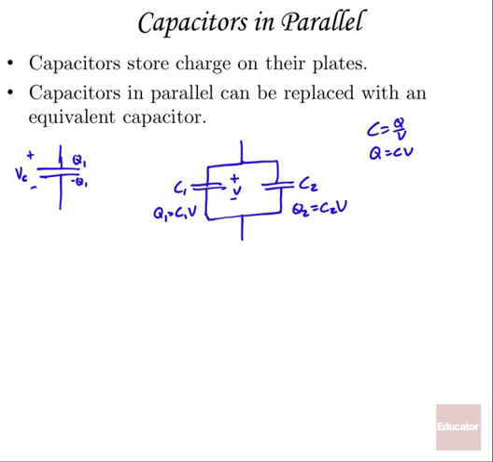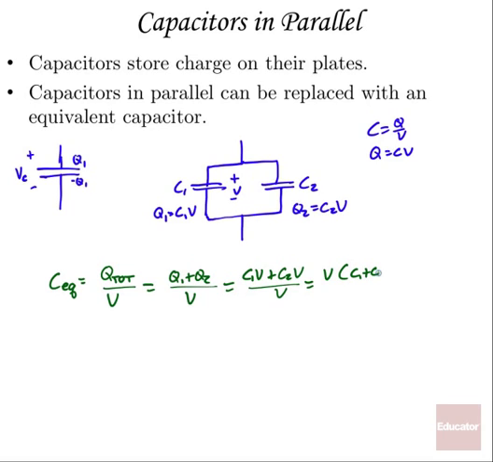So the equivalent capacitance is going to be the total charge, Q, divided by the total voltage, V. Our total charge is going to be Q1 plus Q2, so that's going to be Q1 plus Q2 over V. But Q1 is C1V, and Q2 is C2V, so C1V plus C2V over V, and I can factor a V out, so that's V times C1 plus C2 divided by V, or just C1 plus C2.